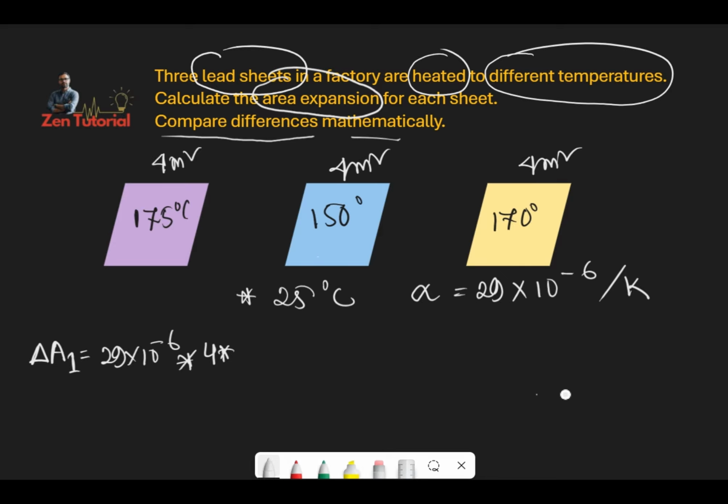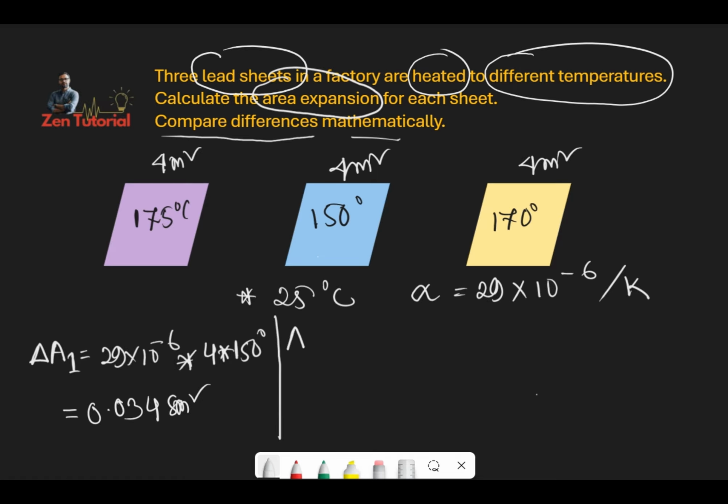So before it was 25 degrees Celsius and increased up to 175 degrees Celsius, so it will be 150 degrees. So del of A1 is equal to 0.0348 meter square.